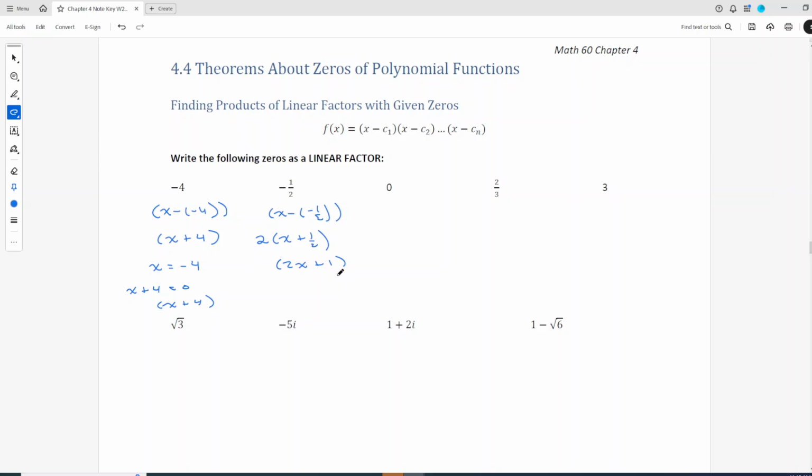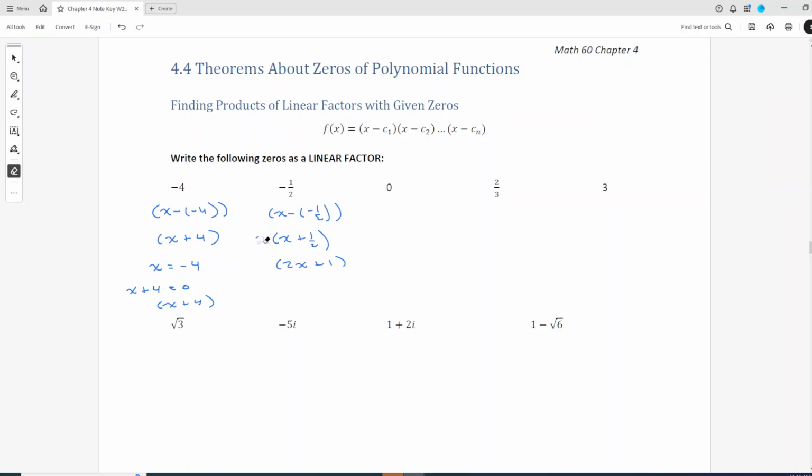Now, this is all the verbal dialogue that's going into my head. You don't need to know this. But what I will say is that we're not going to write the factors as x plus a half. We're going to write it as 2x plus 1. So if you end up using this x minus c thing where you put in -1/2 and it becomes x plus a half, just know that this 2 is always going to come up in front of the x, because a 2 will come out of the polynomial and multiply through.